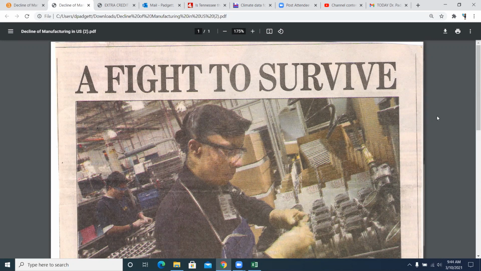Some of the obvious push factors included racism, white supremacy, death threats, being unable to vote, lack of economic opportunity. There were lots of push factors that pushed African Americans to migrate from the south to the north into the manufacturing belt and into the megalopolis urban corridor along the east coast of the United States.